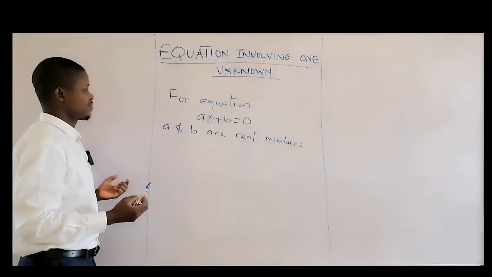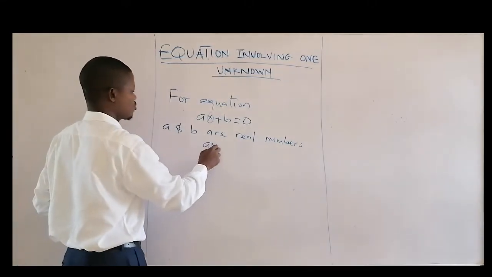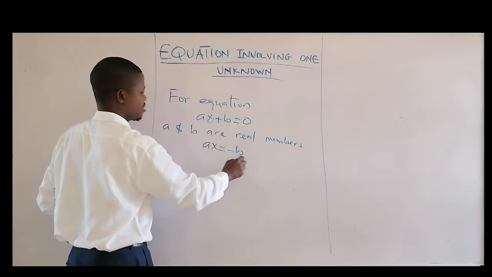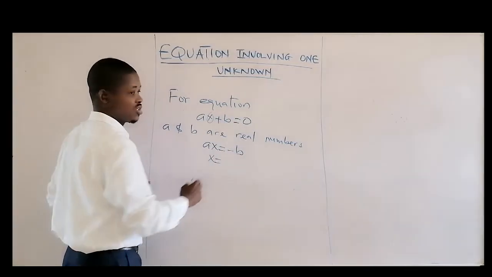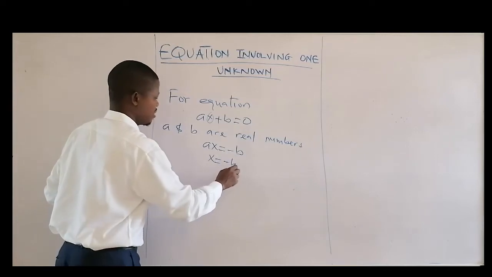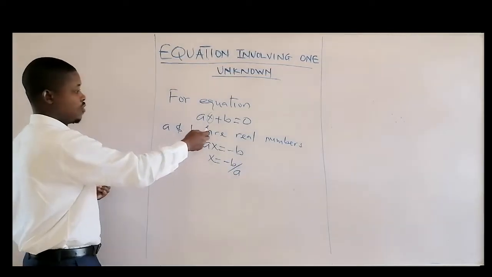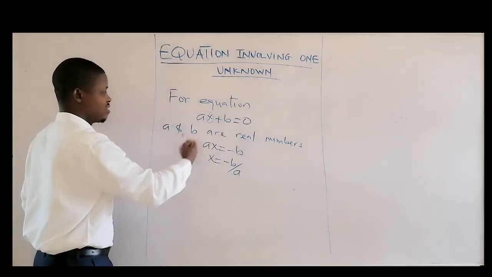So ax will be equal to minus b, moving this to the other side, and then x, the unknown, will be equal to minus b over a.